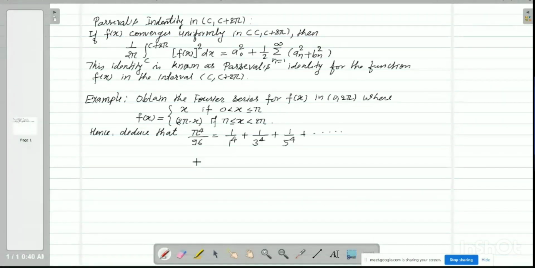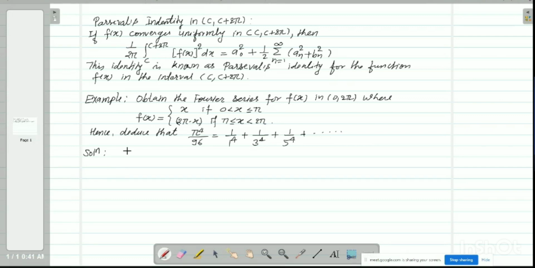When the power is 4, then we use Parseval's identity. Why is this so? Because the function is in square form, so we can use Parseval's identity here. This is the clue for using Parseval's identity. Whenever you see an expression where the power is 4, that is when you should use Parseval's identity, because here the function is a square function. If you integrate it, the power would increase. So the clue is that when the power is more than 2, you can use Parseval's identity here. Okay, let us do the problem solution.